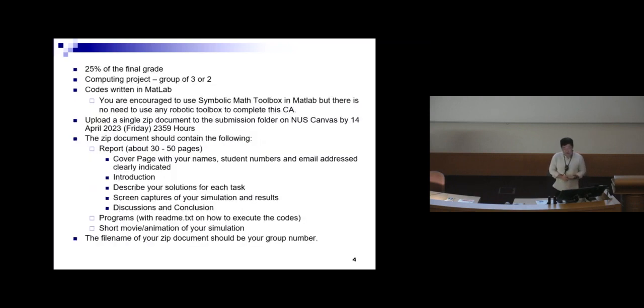It will contribute 25% of the final grade. The computing project will be comprised of a group of 3 or 2 students. All the code should be written in MATLAB. You are encouraged to use the Symbolic Math Toolbox. For example, when you derive the equations, you can use the Symbolic Math Toolbox to help you with the derivation.